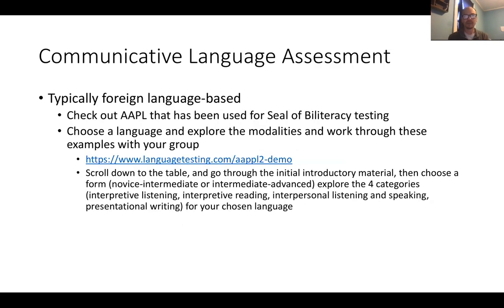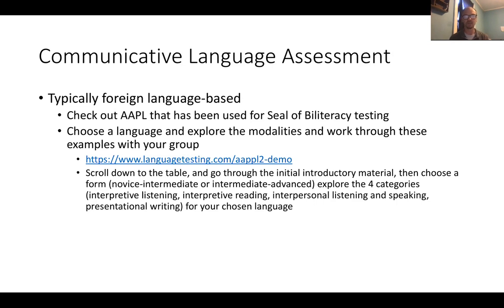So communicative language assessment is a form of assessment that is summative. And I thought it would be just interesting to look at. And so this is one of the assignments. This is called the APPLE. People may have heard of this before. It's often used for seal of biliteracy testing, so I thought it would be worth looking at. And so if you go to the URL that's listed here, you can scroll down and you can see there's a number of languages represented.